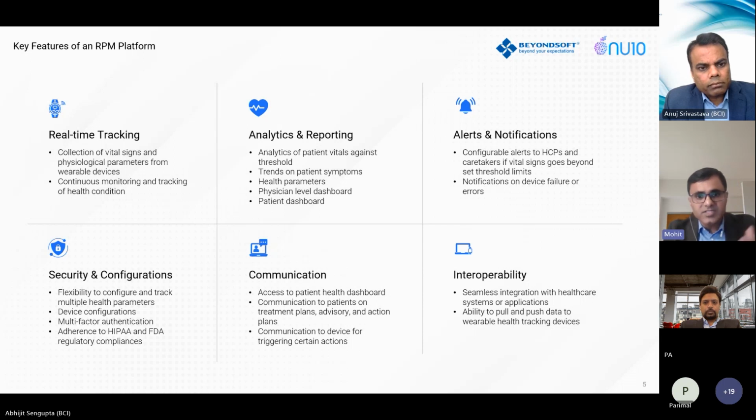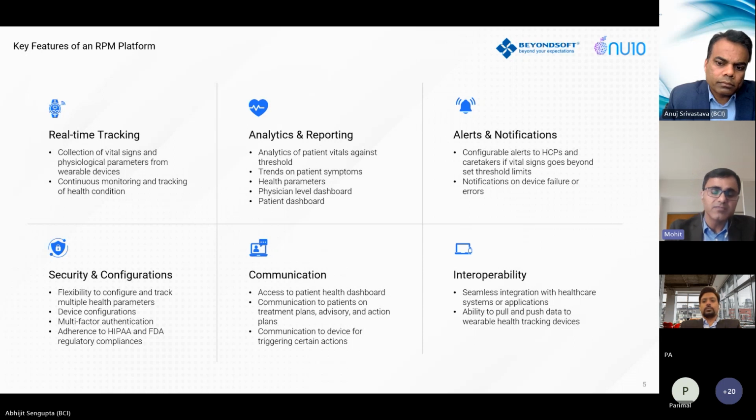The other important bits, of course, are analytics and reporting, right? Where the platform can help identify trends in patient symptoms and health parameters to give insights into how the disease is progressing or how the health status of a patient is progressing.